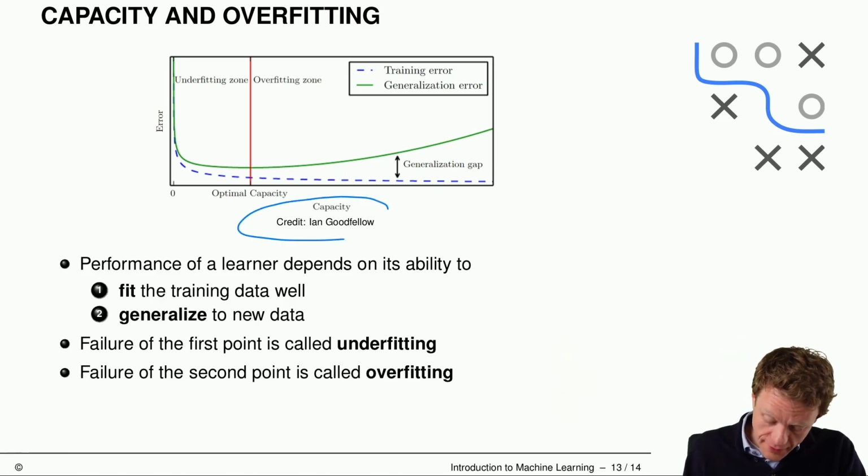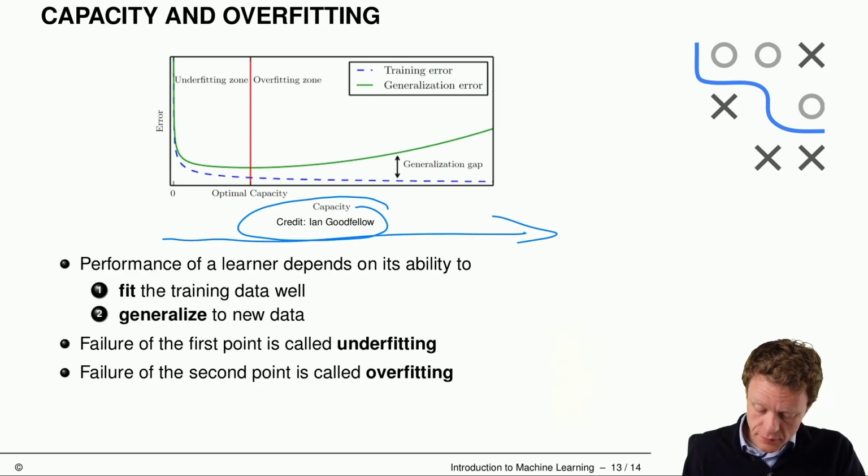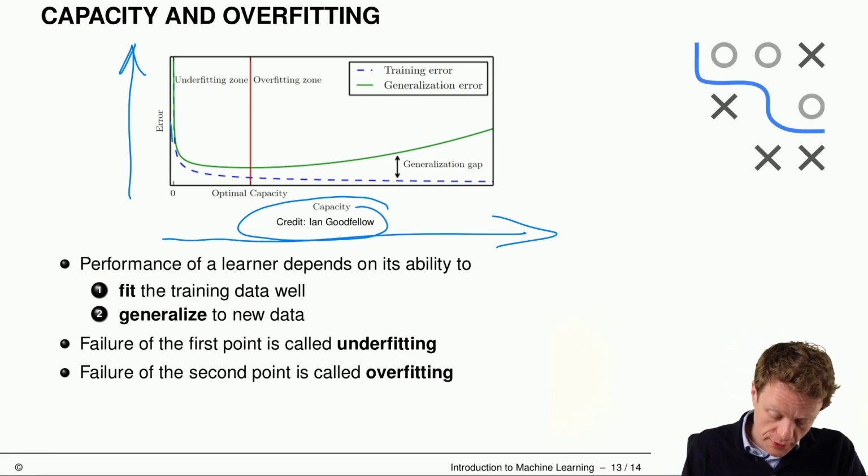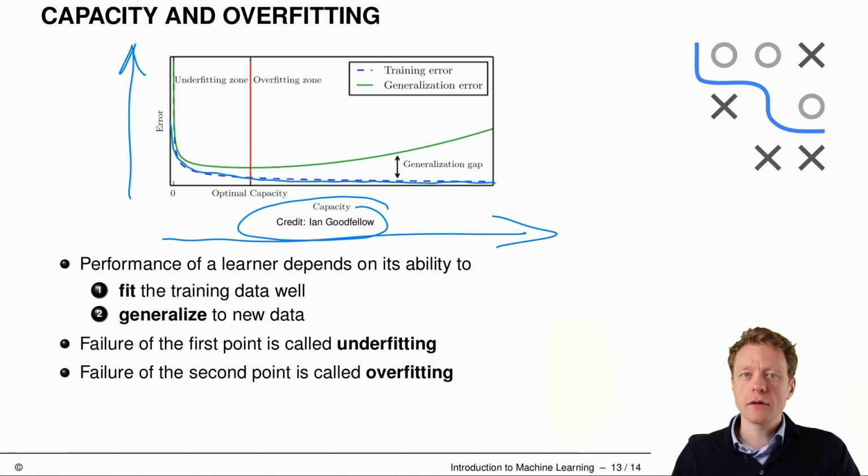So here on the x-axis, the capacity, so higher capacity on the right-hand side, and on the y-axis we have the generalization error. And what this should visualize is that if the capacity grows, the training error, this blue dashed line here, gets smaller and smaller.